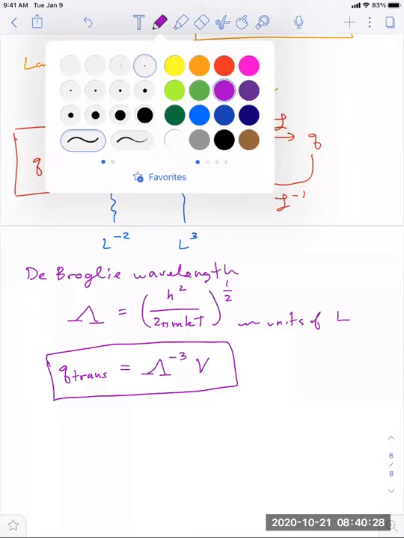So now let's go back to our overall partition function, which then allows us to start getting some thermodynamics from this guy.